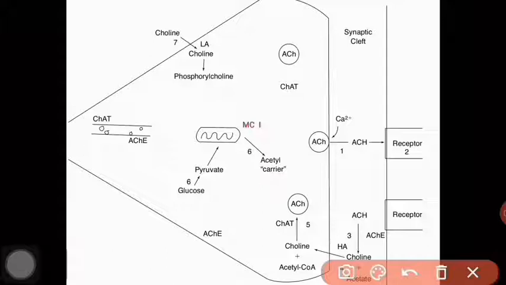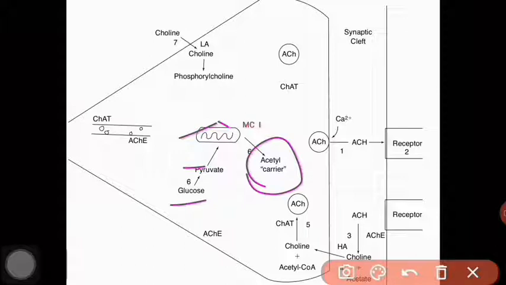This is the overall figure of how acetylcholine is synthesized, released, degraded, stored, and so on. First, glucose is converted to pyruvate, pyruvate is converted to acetate, and that acetate is used in the transfer of CoA to form acetyl-CoA.